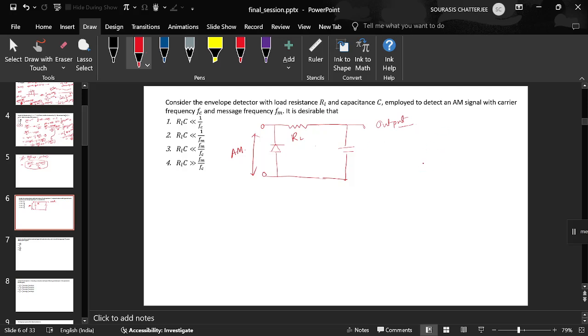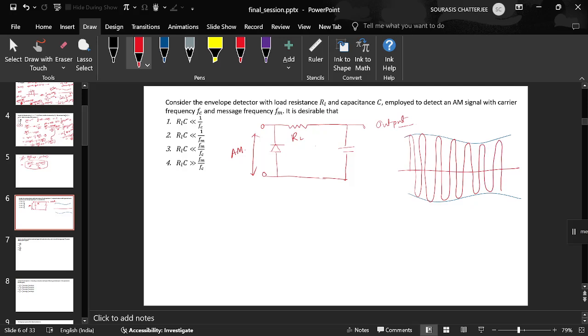So if I want to draw it like this, this is what your AM signal is going to look like.